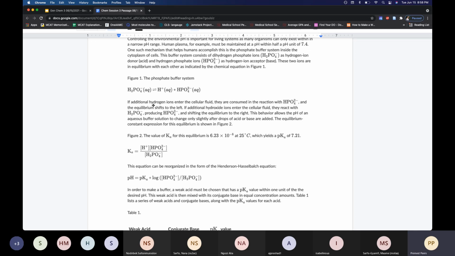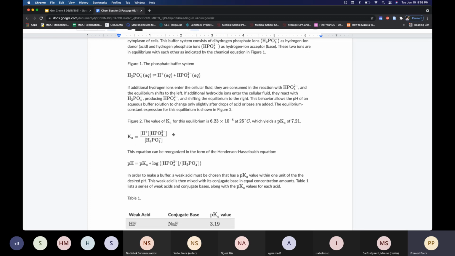And then they also tell us if hydrogen ions enter, they're consumed, and the equilibrium shifts to the left. If hydroxide ions enter, it makes more of this, and it shifts the equilibrium to the right. So this is how the pH is allowed to not change that much, even if acids or bases are added.